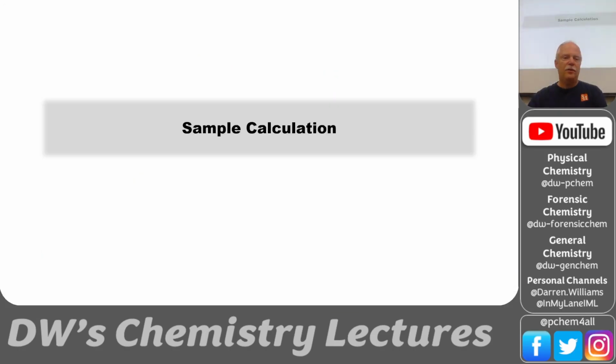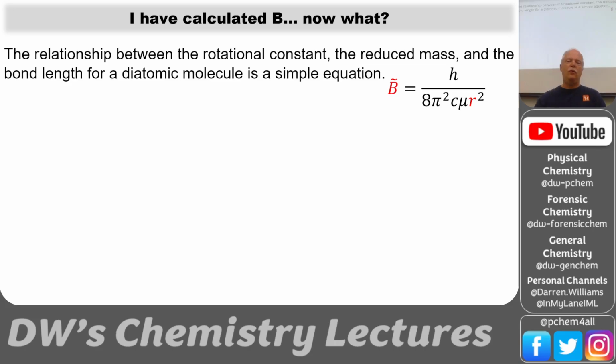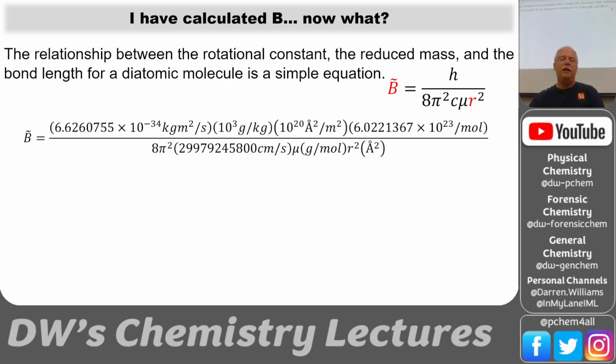Okay, so let's do a sample calculation. Once we solve for this rotational constant, we're going to want the bond length. And so you can see the bond length is buried down in the bottom of that. And here's the calculation using all of those NIST variables with all of their significant figures. So it's crazy. We've got Planck's constant, and that's got 8 significant figures. We've got Avogadro's constant, 8 significant figures.